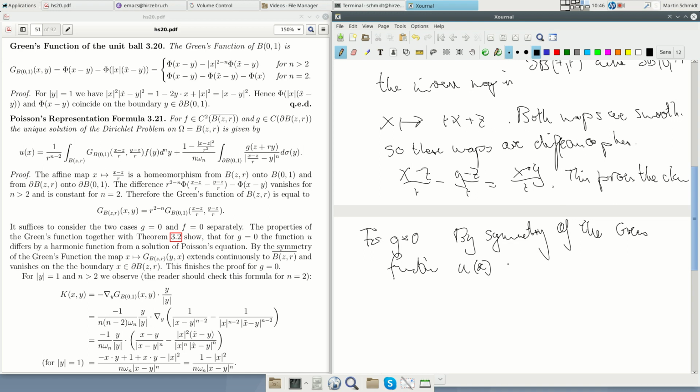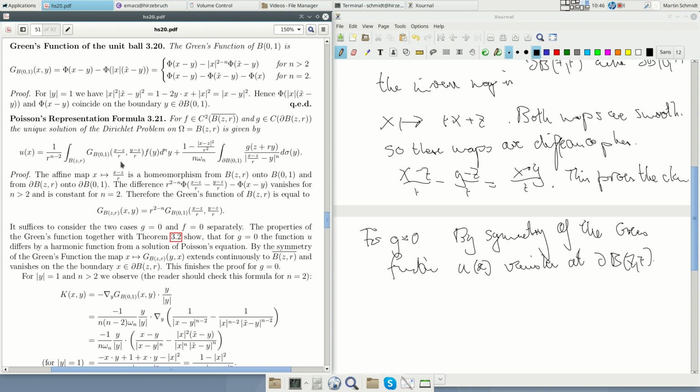So really u of x vanishes at the boundary. Okay, so the first property we have now, it should solve the Poisson equation. The difference vanishes.